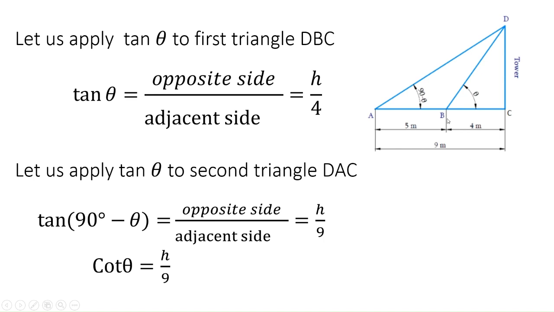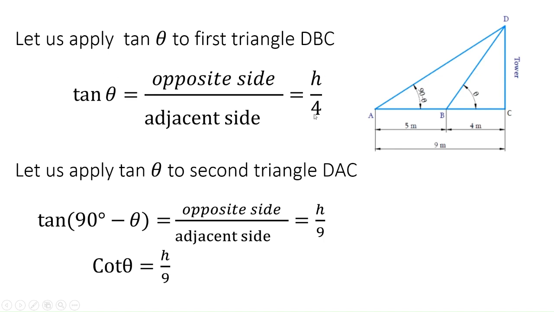Tan theta is equal to opposite side by adjacent side. The opposite side to theta is the height of the tower, which we considered as h, and the adjacent side is the distance between the tower and the point, that is 4. Tan theta is equal to h by 4.